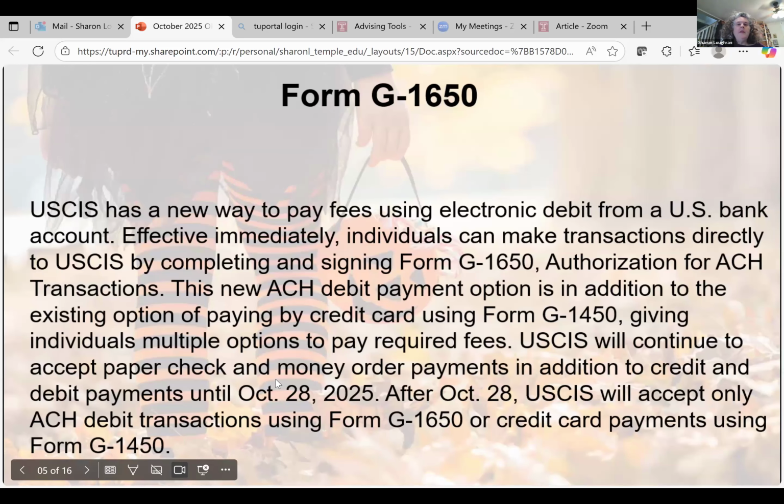There is a new form for USCIS for petitions like H-1B, or if we're filing a TN. It's called a G-1650, and it allows you to use a bank account rather than a purchasing card.